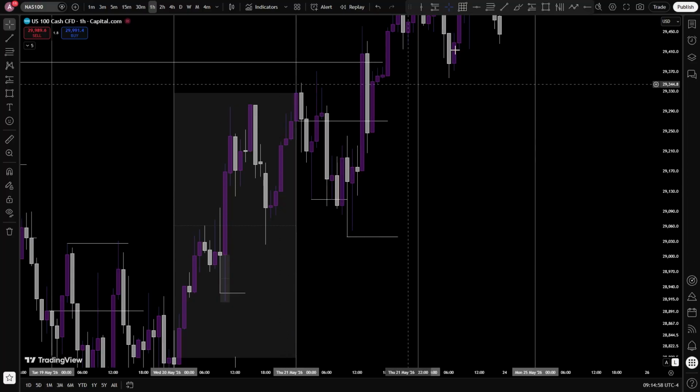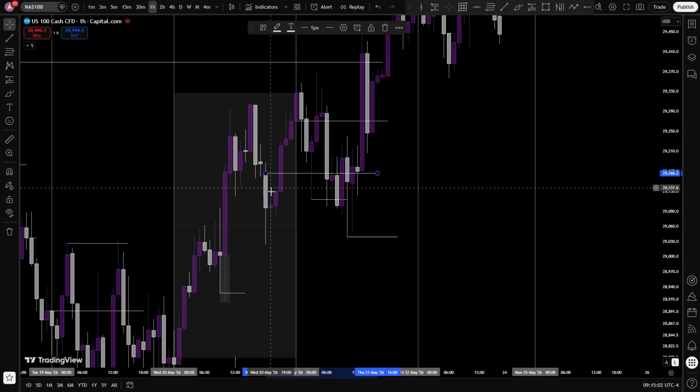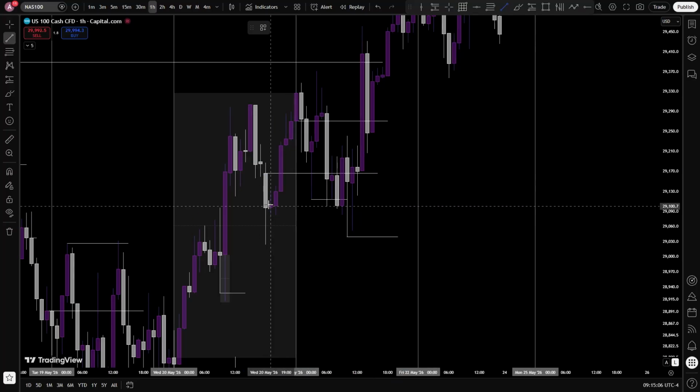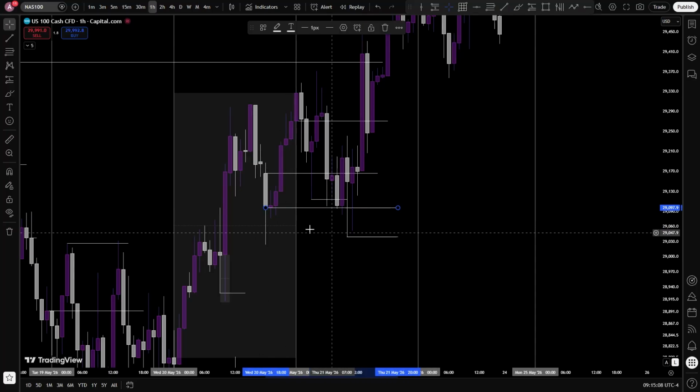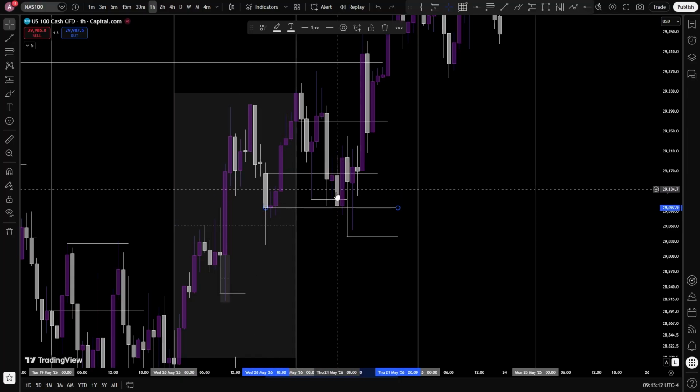If we take a better look, we got here the last down close candle in the price, which leaves the bodies above the low of the body of this candle.